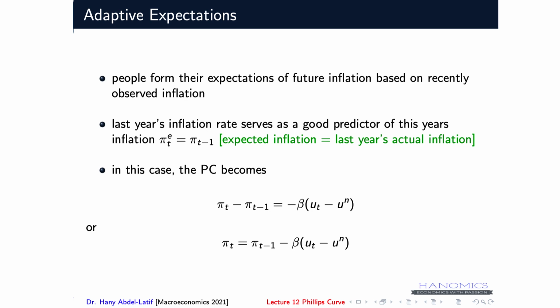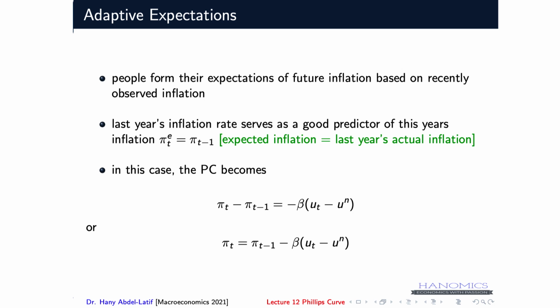If we talk about monthly data, our expectation this month about inflation should be exactly the same as the observed, or actual, inflation rate in the previous month. That is the main idea here. So adaptive expectations means people form their expectations of future inflation based on recently observed inflation.